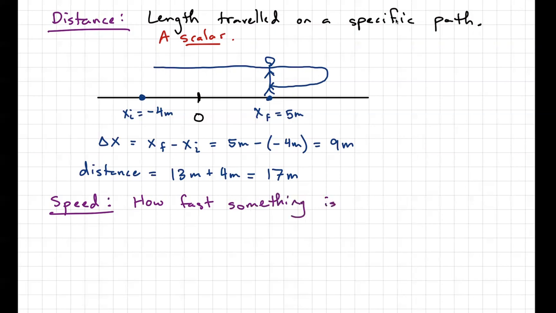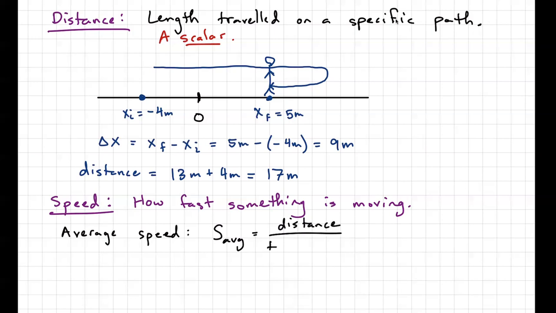So again, this is a rate. Velocity is a rate too, but we can talk about an average speed here, not as displacement over time, but distance over time. So S for speed, average, would be the distance over the corresponding time interval.